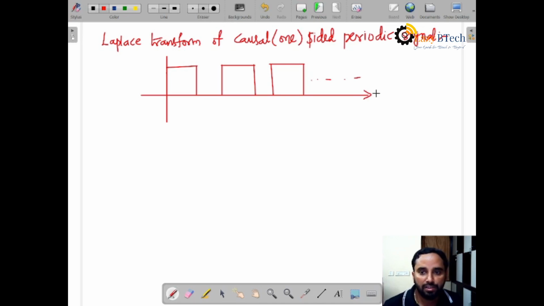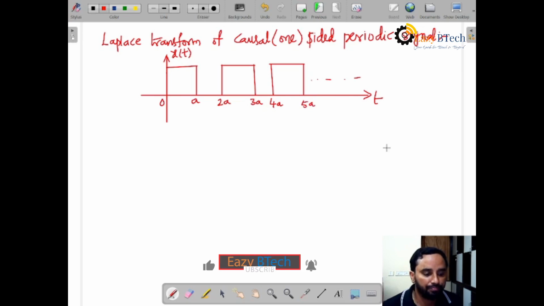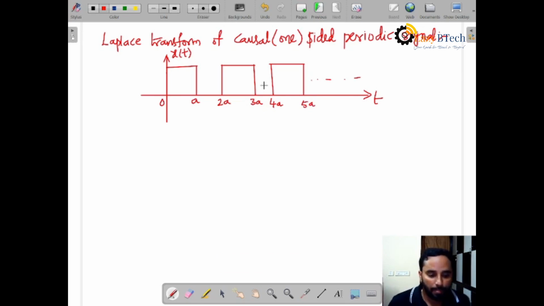So for this signal we have to do Laplace transform. The signal is, let's take x of t. So here 0, a, 2a, 3a, 4a, 5a, and so on. So how to do Laplace transform of this one-sided periodic signal?